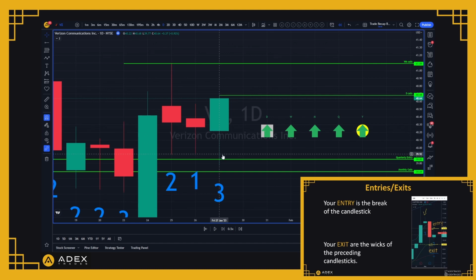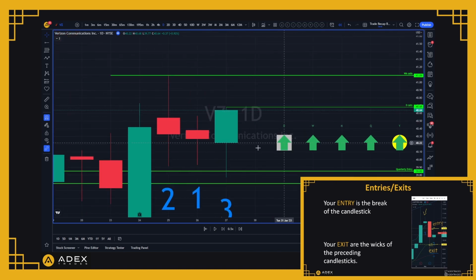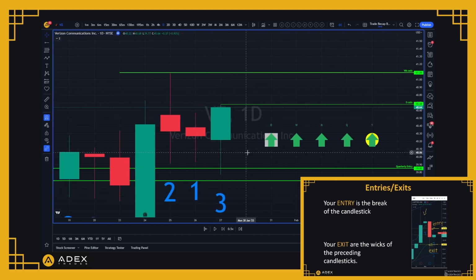It went down to a low of $39.77, but then they bought it up immediately off the quarterly entry, and we were able to create an outside day, where we were able to close relatively near the highs, and we created a hammer candle. What does the hammer candle mean? The hammer candle means that sellers were initially in the play and then they bought it up, and they bought it up close near the highs. We're full time frame continuity to the upside.